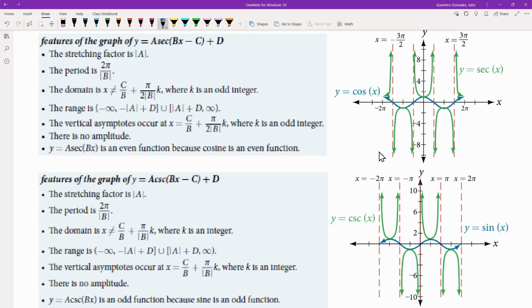The graph of secant and cosecant are these respectively. You guys see these green strips? So this one's going to be for secant, and these are going to be for cosecant.